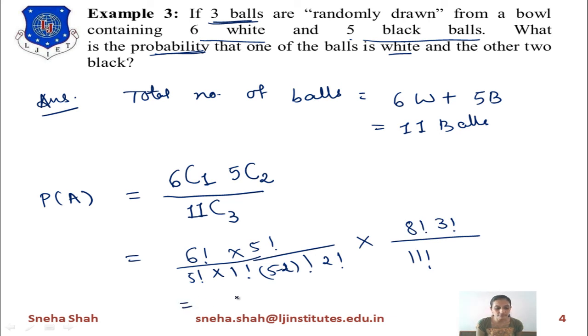If we simplify this, the answer will be 4 by 11. So this is your probability that one of the balls is white and the other two balls are black.